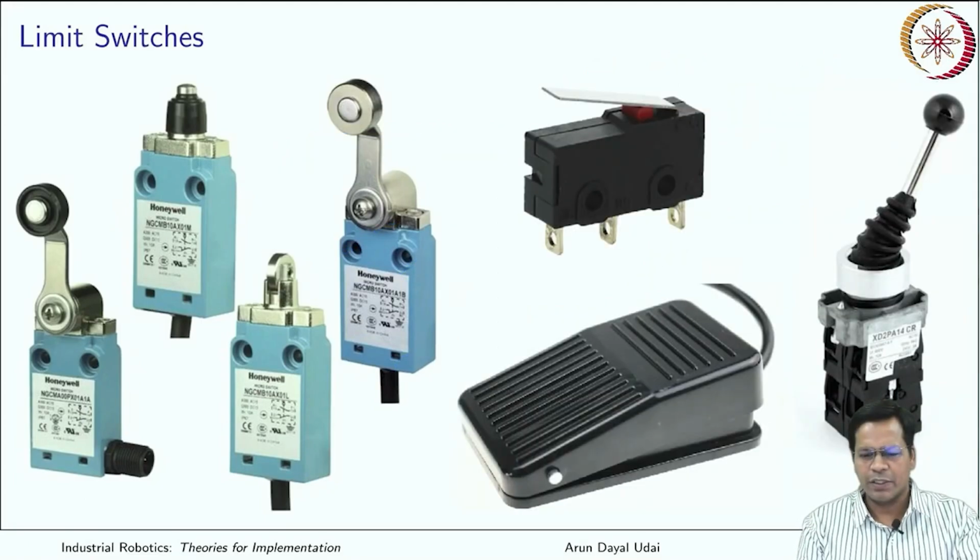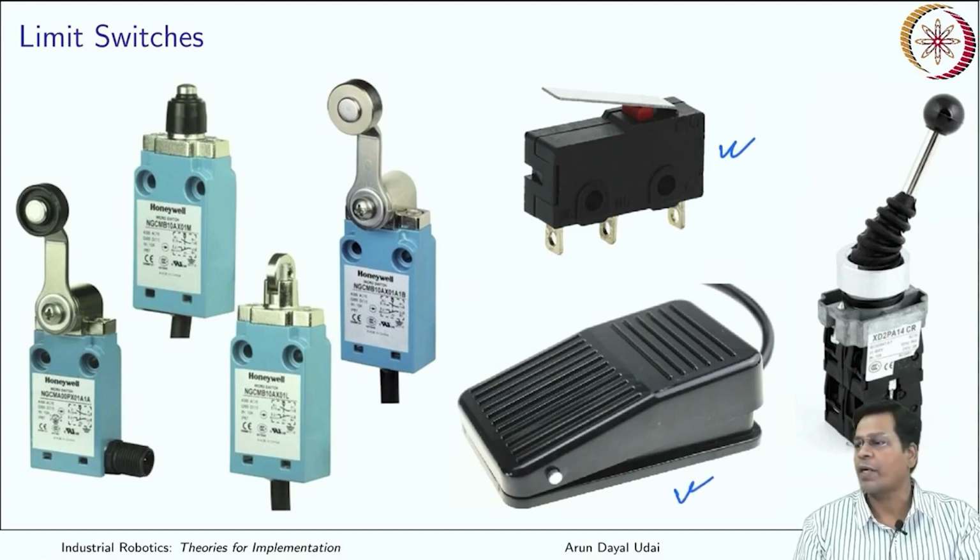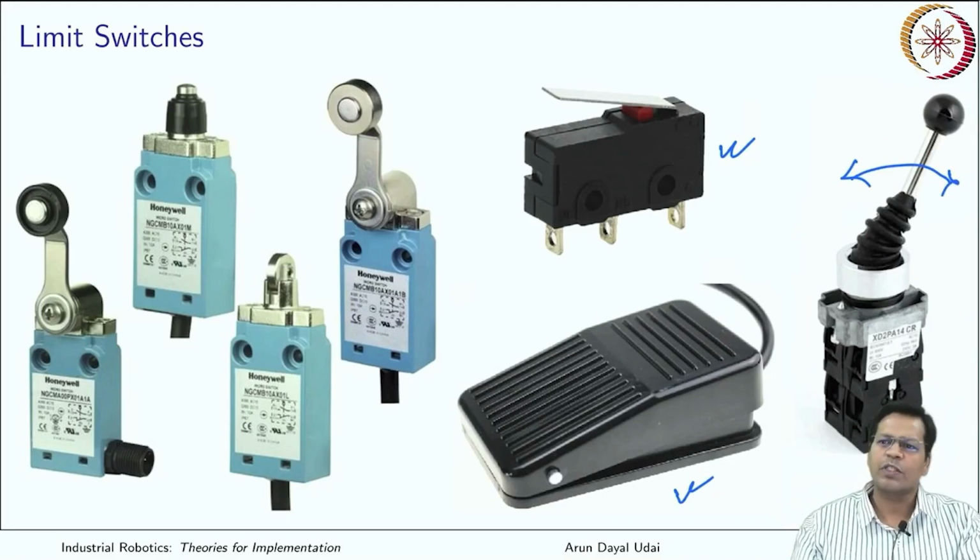A number of places include this; it may be included in your printer, a 3D printer. This is nothing but a pedal switch, which probably you have seen on a sewing machine. Sometimes they are not just a switch, they are a gradual switch. That is not a switch as such, that can be a potentiometer. This type of lever is quite common. These are like joysticks, and they are commonly there in earth moving vehicles.